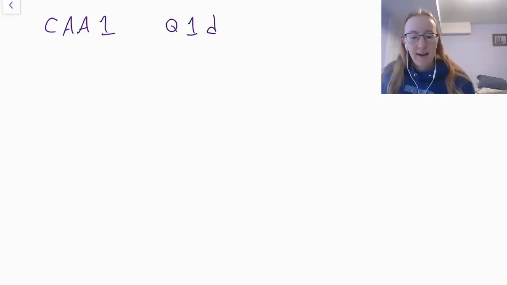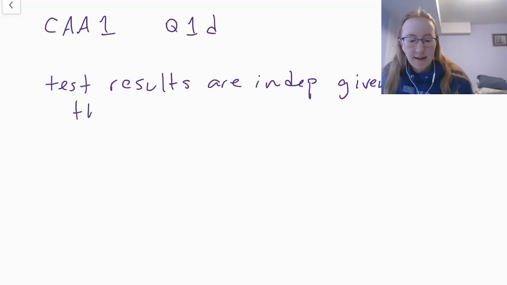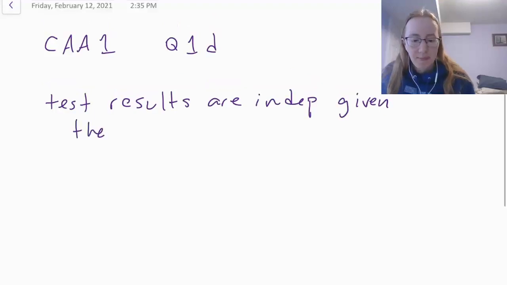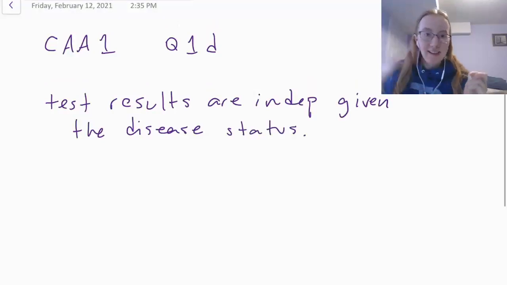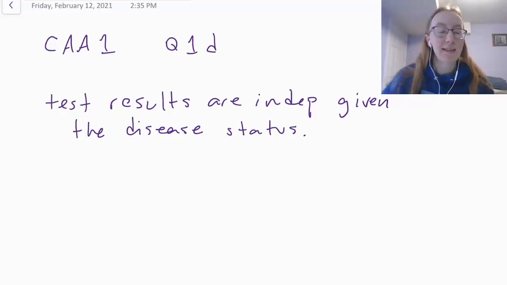So what we're told is that test results are independent given the disease status of the individual. And that's, again, the exact same thing as what we did 2 weeks ago with the spam message. We had been assuming that the various features of spam messages are independent given the type of message that it is.